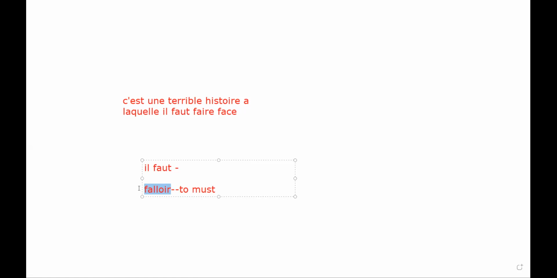À laquelle il faut faire face, to which he must face. Is it clear to you? Il faut faire face. Tell me yes or no. Yes, sir. Clear? It means it is a terrible story to which he must face.